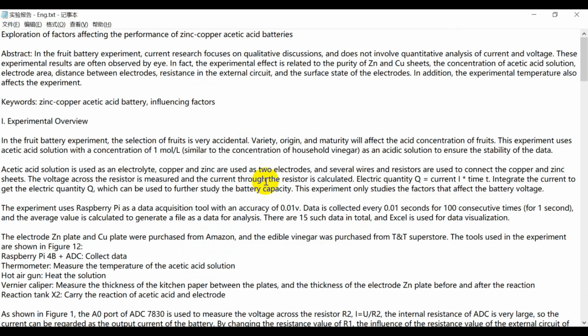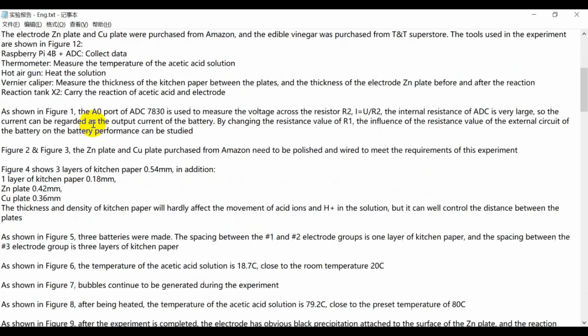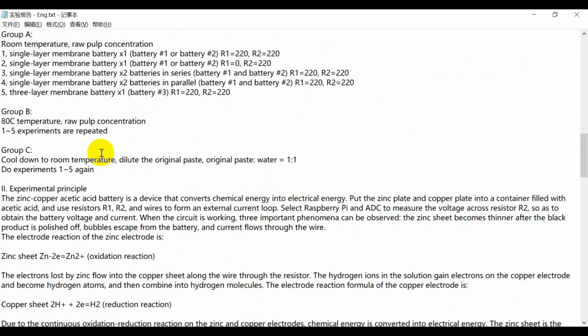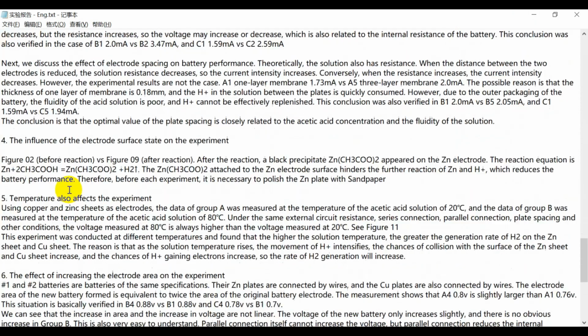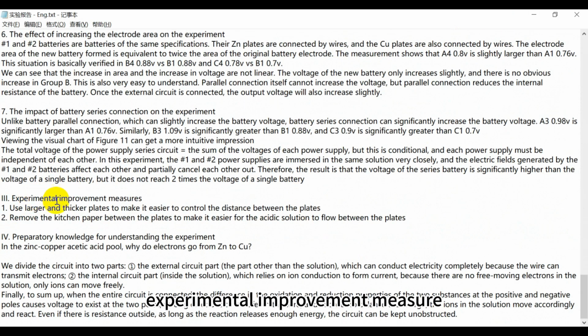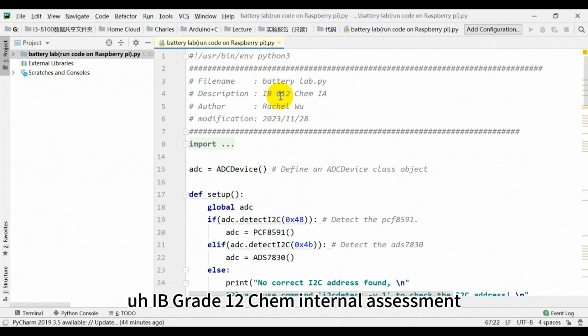The report has 4 sections: an experimental overview, an experimental principle, experimental improvement measures, and preparatory knowledge for understanding the experiment. For this experiment, my sister got a near perfect mark on her IB grade 12 Chem internal assessment.